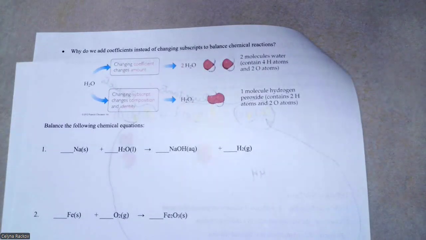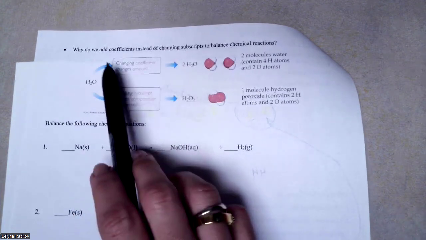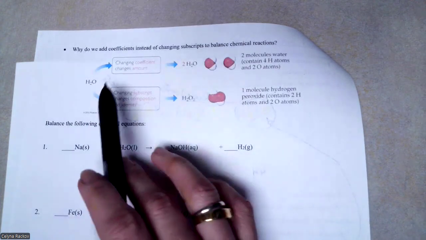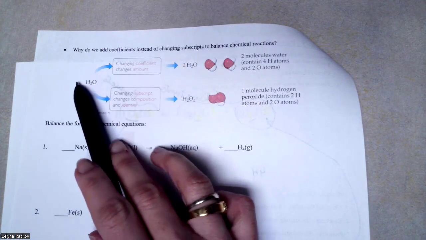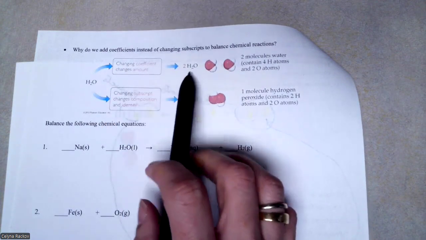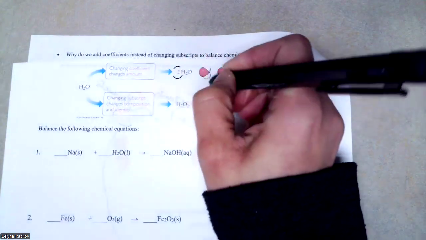So why do we add coefficients and not change the subscripts? The truth is, if you change the subscript, you change the chemical. For example, you need to balance a reaction and you need two oxygens. You initially have H2O and you need two oxygens. What we are going to do here is add a coefficient, the number in front of the molecule.